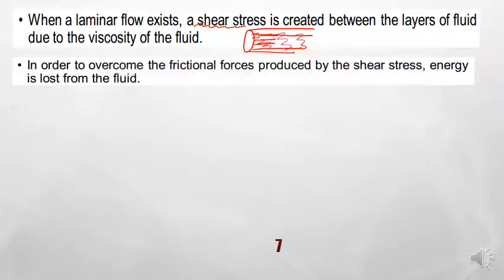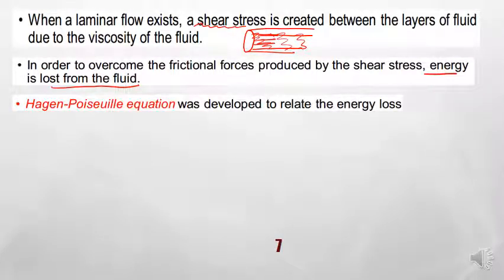So in order to overcome the frictional force produced by the shear stress, there is an energy loss from the fluid. Usually the Hagen-Poiseuille equation was developed to relate the energy loss. Before this, I already introduced the Darcy equation to calculate the HL, and now we're going to relate it with the Hagen-Poiseuille equation.